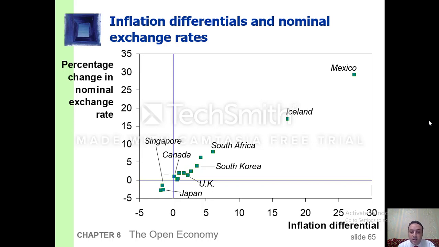As we can see here in many different countries, the relationship between the percentage change in the nominal exchange rate on the vertical axis and the changes in inflation on the horizontal axis shows a positive and linear relationship between them. So in reality, the inflation differentials affect, or are related to, the nominal exchange rate.